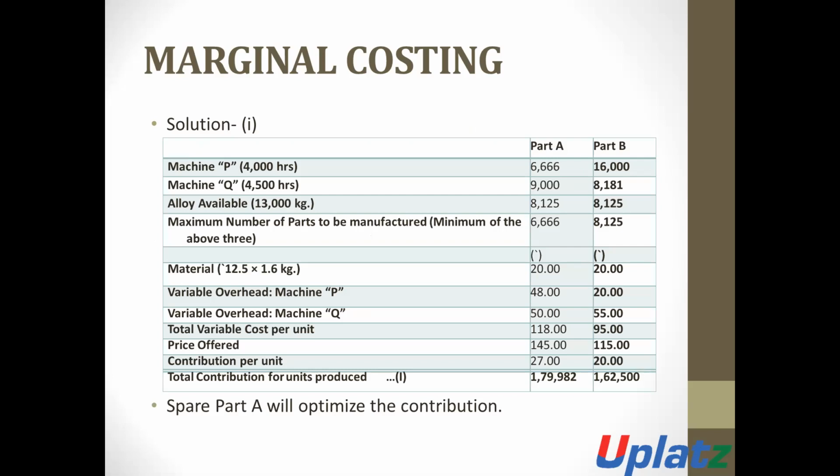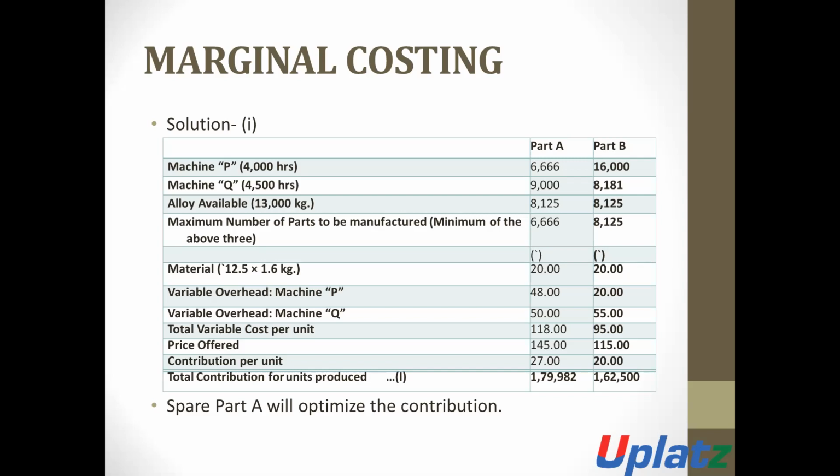Machine P has 4000 hours, and if we utilize it in production of A, then we will produce 6666 units, and if we use it in production of B, then we will produce 16,000 units.